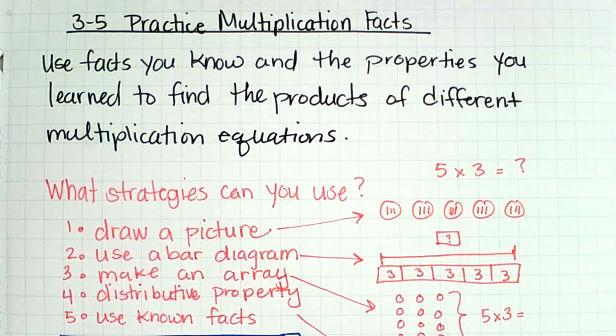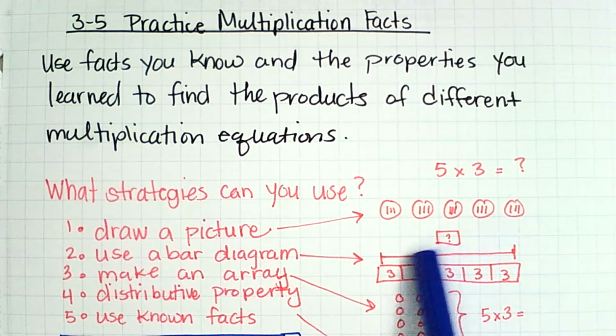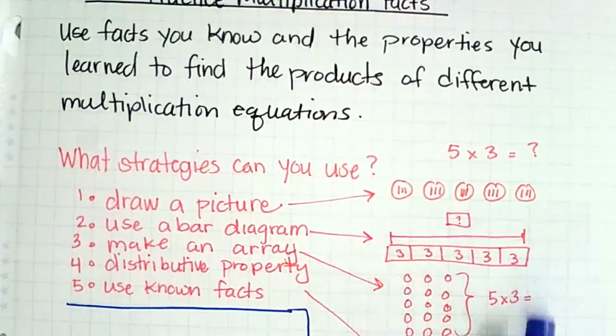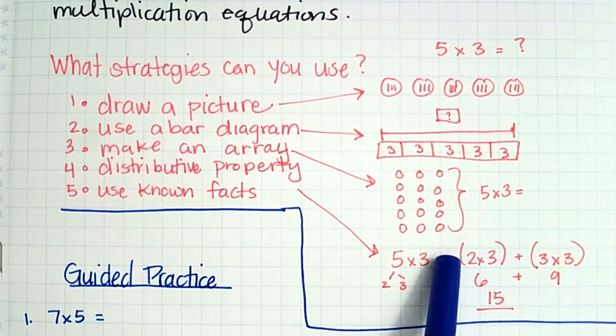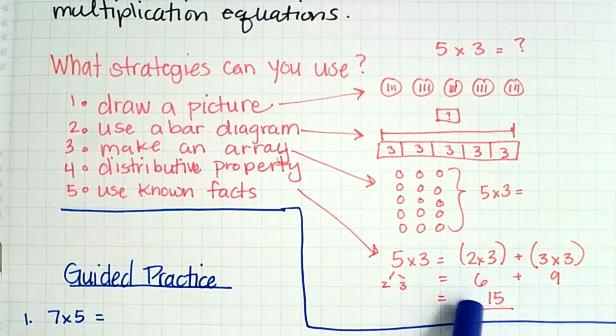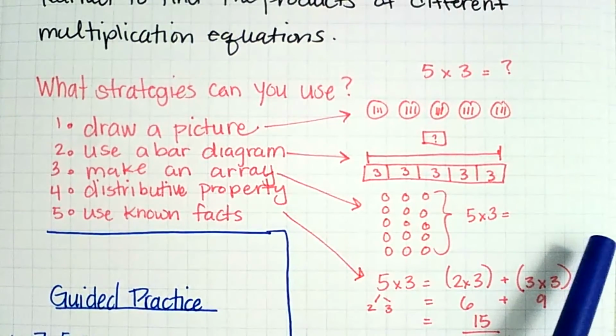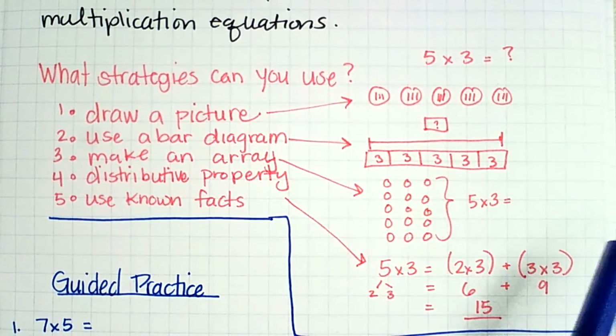Some strategies that you can use are: you can draw a picture, you can make a bar diagram, you can make an array, you can use the distributive property and your known facts to figure out what the partial products are to find your whole product. All of these are ways that we've practiced in our previous lessons. You're just going to use all of those different strategies now to help you figure out the answers to multiplication questions that you don't know.